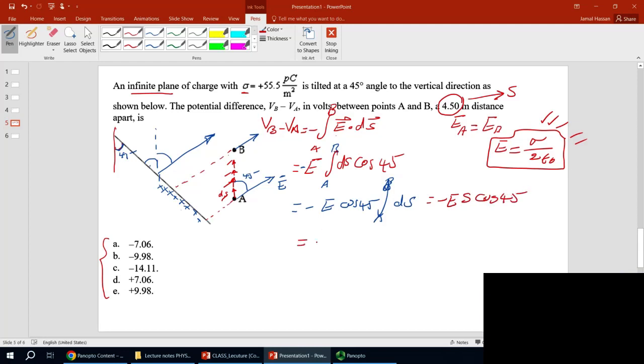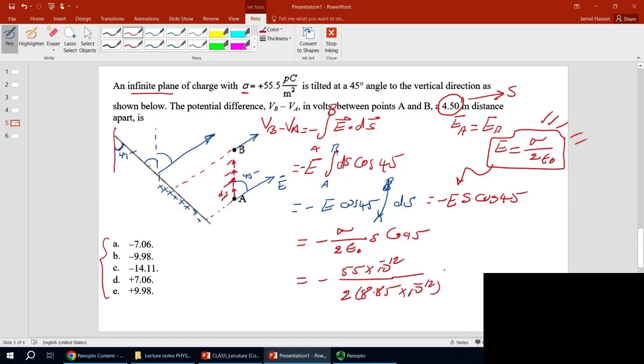So the final answer should be minus, and our E is sigma divided by 2 epsilon naught, times s, times cosine 45, and this should give us the correct answer. Sigma is equal to 55.5 times 10 to the power minus 12. We have 2 times 8.85 times 10 to the power minus 12. So this is nice, we could cancel 10 to the power minus 12. And s is 4.5. And we have cosine 45.